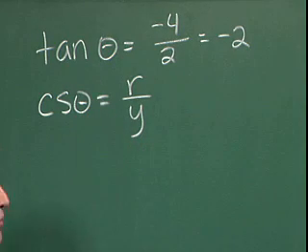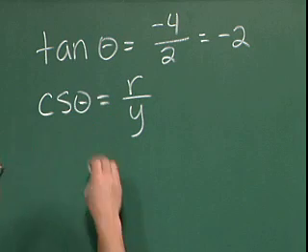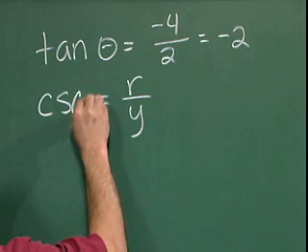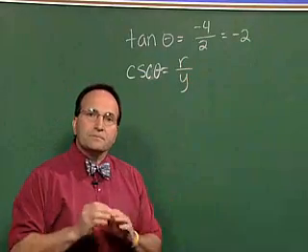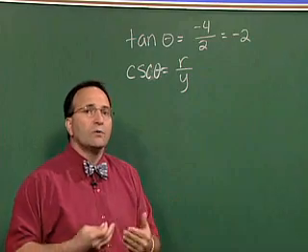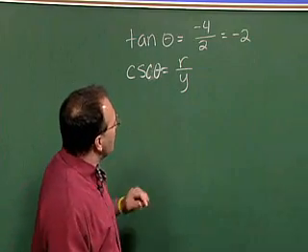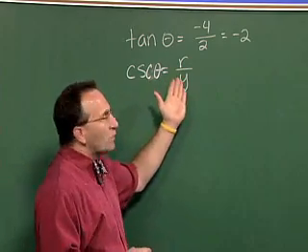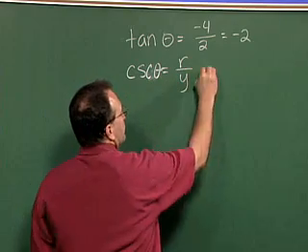Interestingly enough, though, you should recognize that we calculated cosecant theta. I forgot a c here. There, that's better. You should notice that the r over y is just the reciprocal of y over r, which means it's the reciprocal of sine theta. And the reason I point that out is that we will come back to that when we do some things called trigonometric identities.